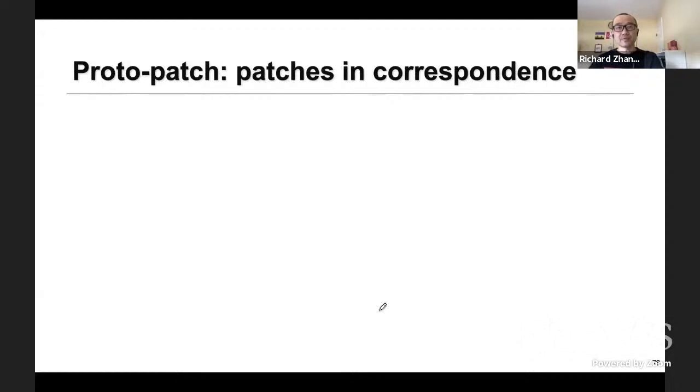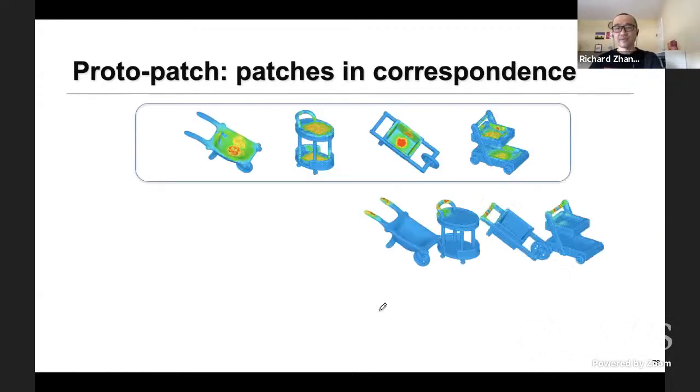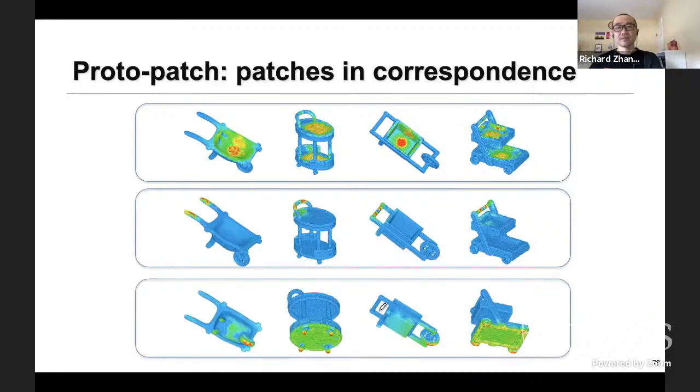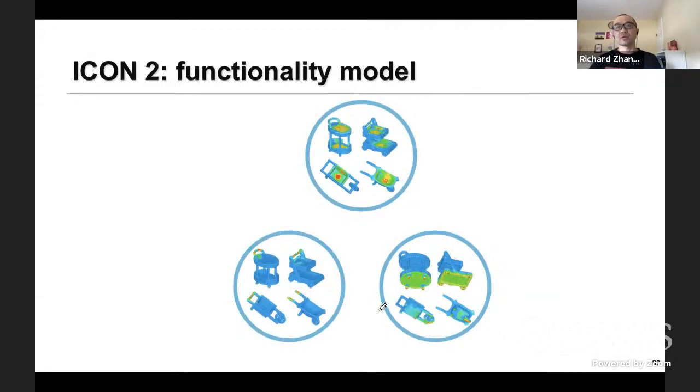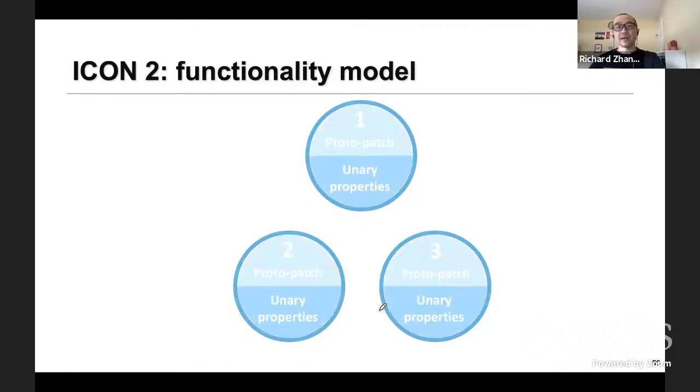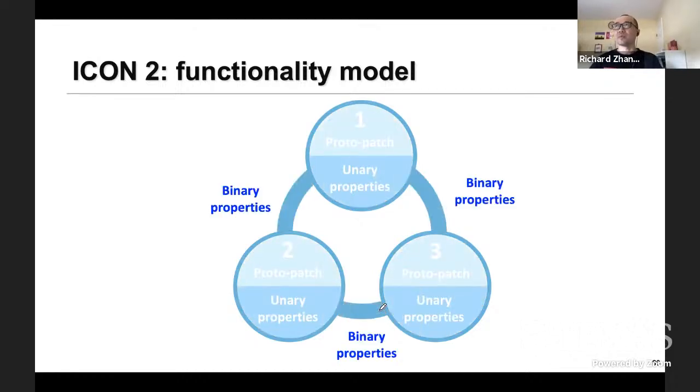And we put these patches in correspondence. You see different interactions, and these patches collectively are called a prototypical patch or proto-patch. And the functionality model would encode unary properties of these patches, right? They share certain common geometric properties. And then we also model spatial arrangement relations between these proto-patches.